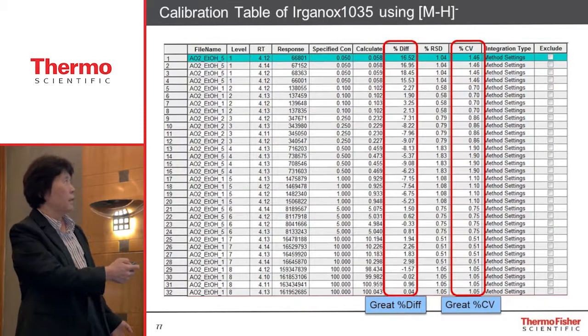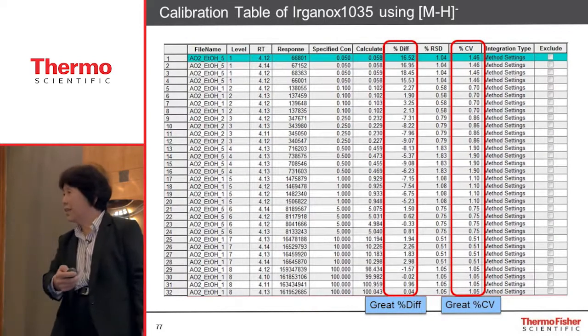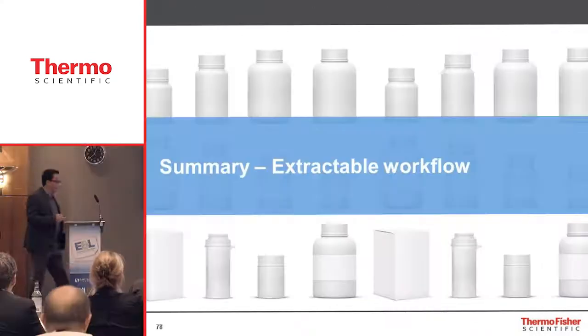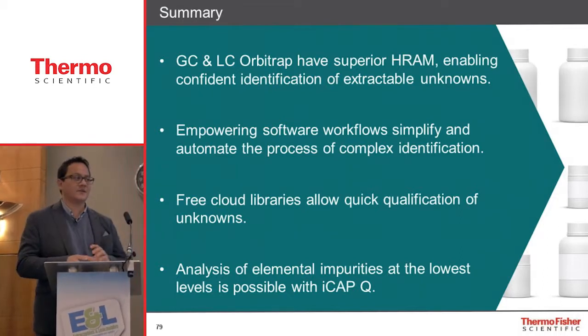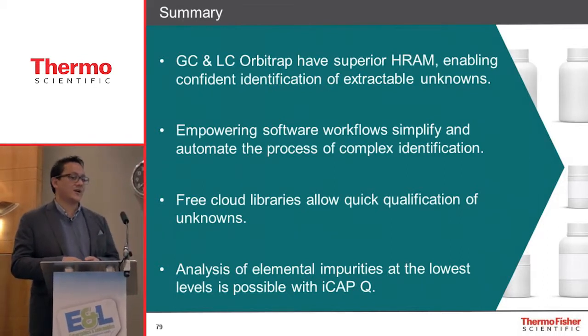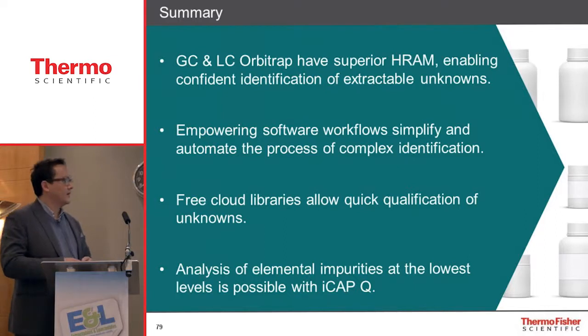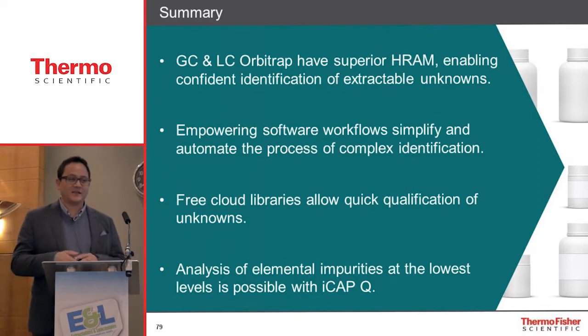So with that, I'm going to hand this back to Kai. So hopefully we've been able to show you some of the capabilities for really identifying these extractables to leave you with no unknowns in your reports. We've presented GC and LC Orbitrap technology for this. We've also shown some empowering new software workflows.